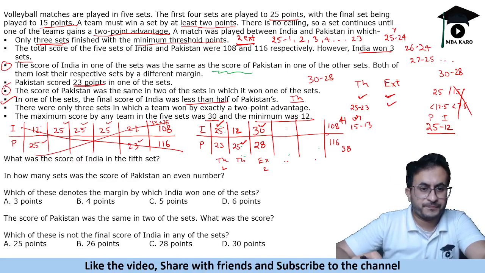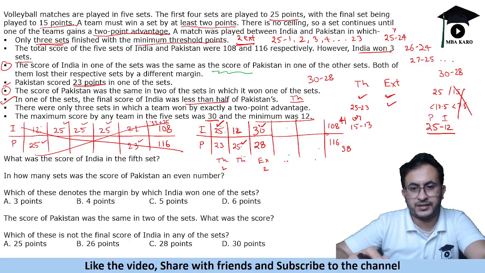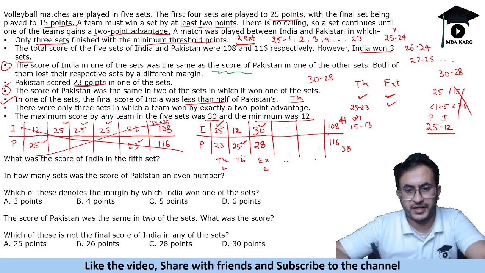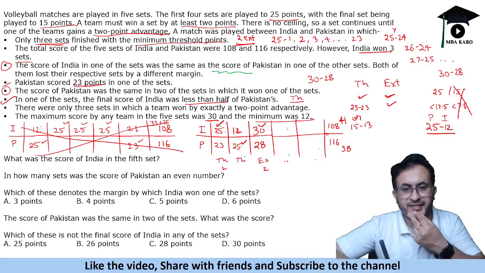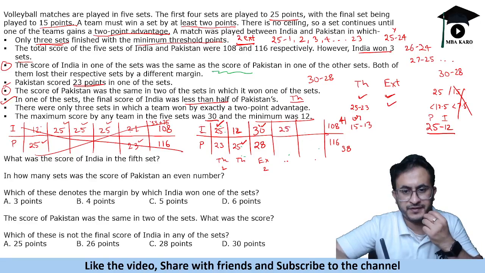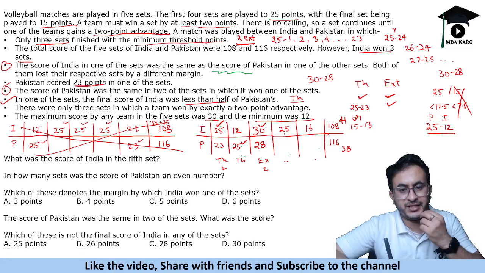Okay, now let us say that one of them has to be a threshold match. Okay, so threshold match, if we take 25 as the threshold here, that is 16. Okay, now can India make 25 here?